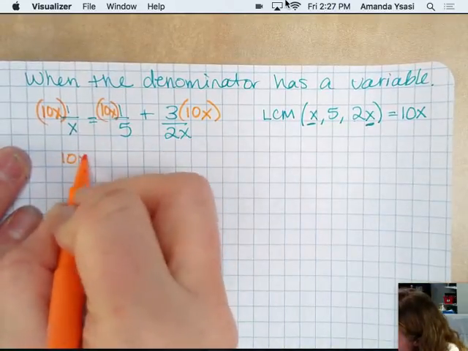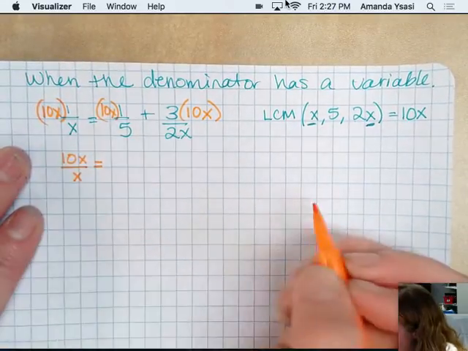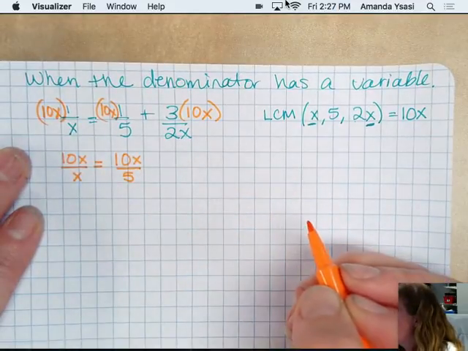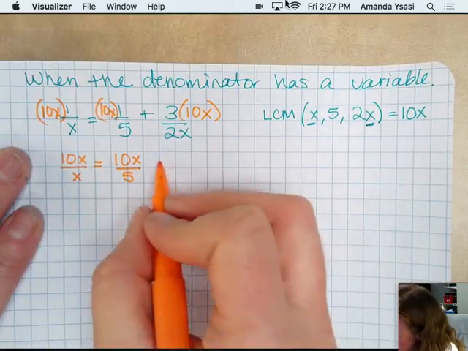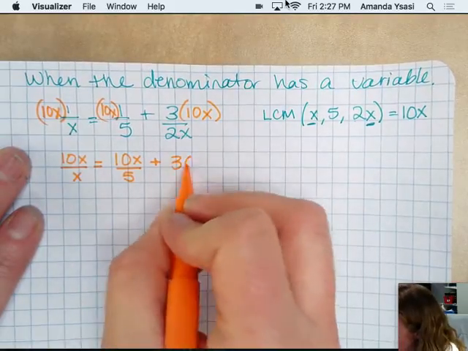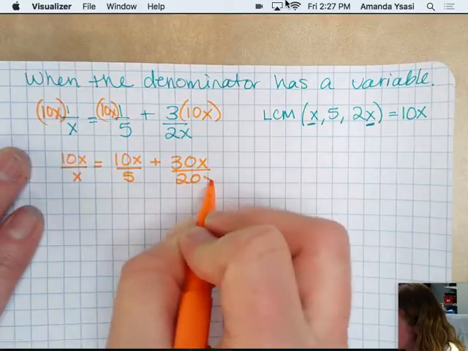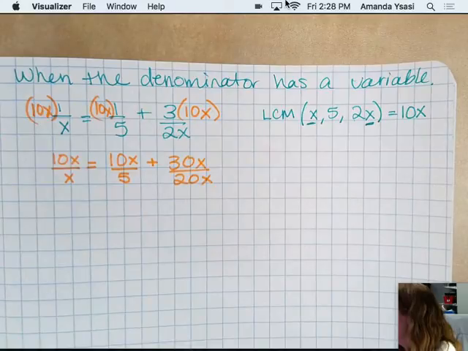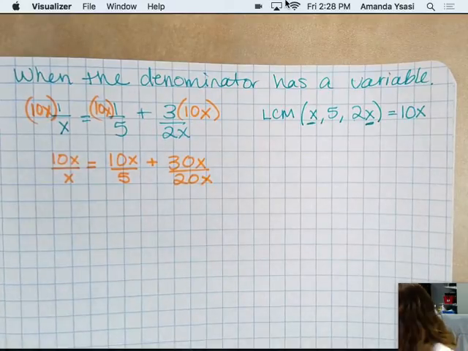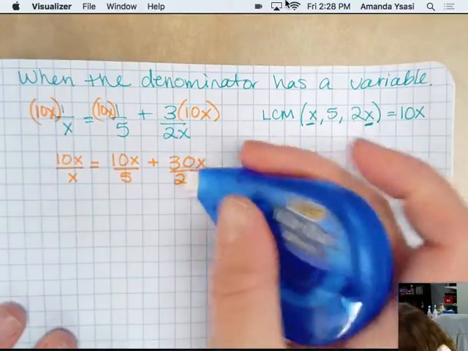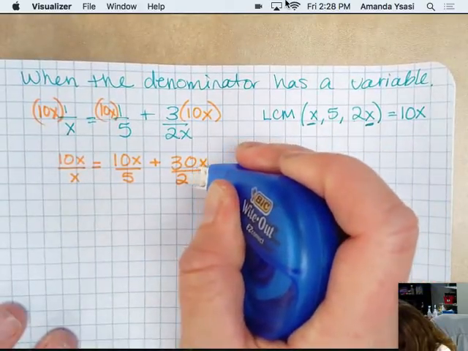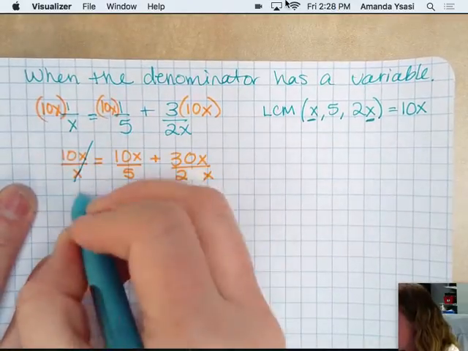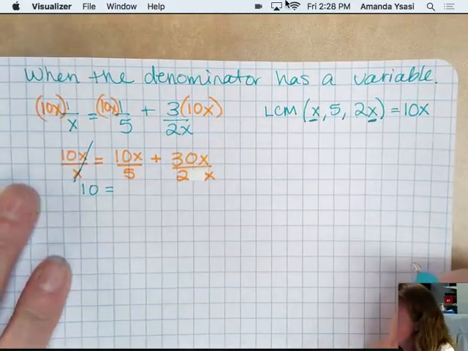So this would be 10x over x equals 10x over 5 plus 30x over 20x. Is that right? 20? Why did I put 20? 2. Oh, yeah, I was supposed to ask you that. Silly mistake. Okay, so then this would simplify to just be 10 equals.